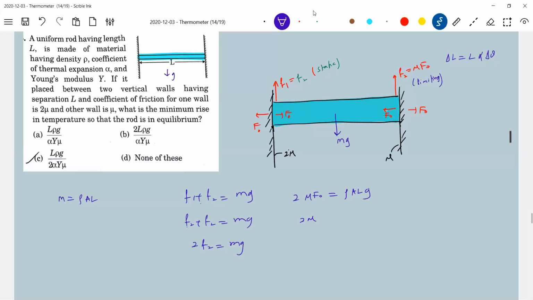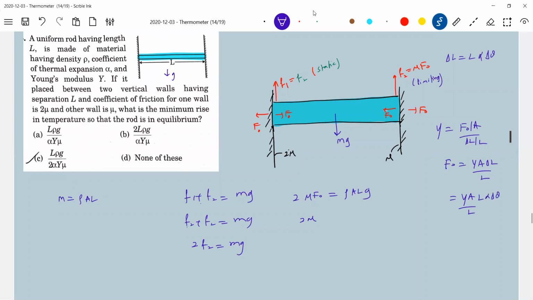How to bring F naught? I think I'll go for thermal stress. Young's modulus Y equals F naught by A over delta L by L. So F naught equals Y A delta L by L. What is delta L?